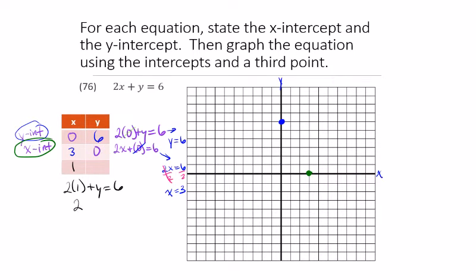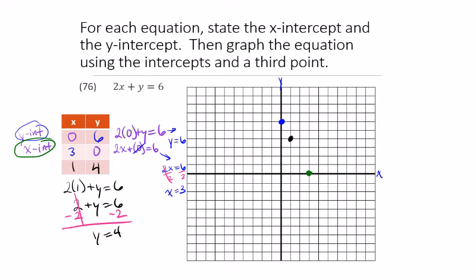So I'll get 2 plus y equals 6. Subtract 2 from both sides, and we get y equals 4. So 1 comma 4 is going to be my next point: 1 on the x-axis and 4 on the y. 1, 2, 3, 4. All right, there we go.